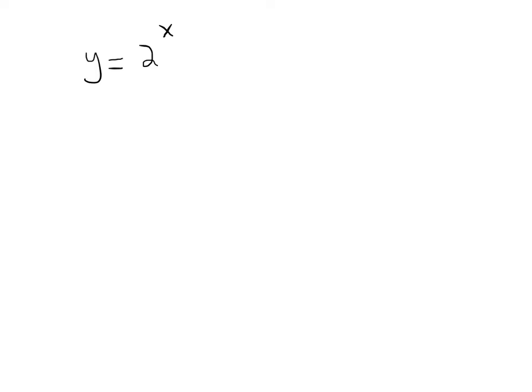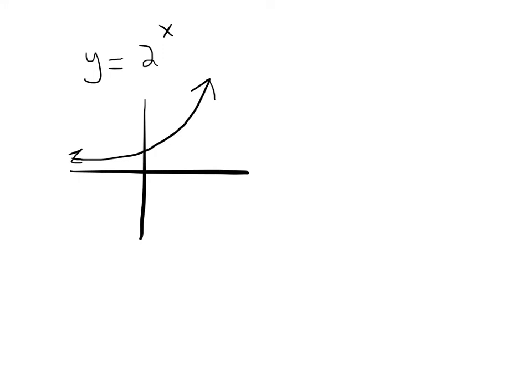So we know what y equals 2 to the x looks like. We've been graphing that now for quite a bit. We know it's going to rise from left to right. We know it passes through on the y-axis. The y-intercept is 1.